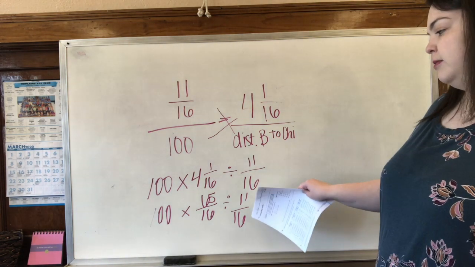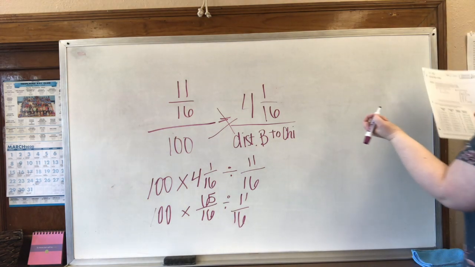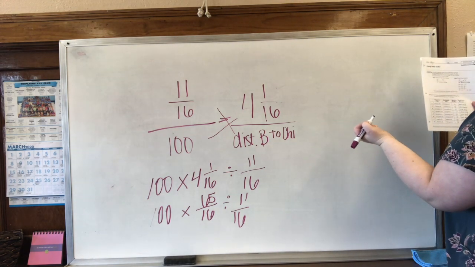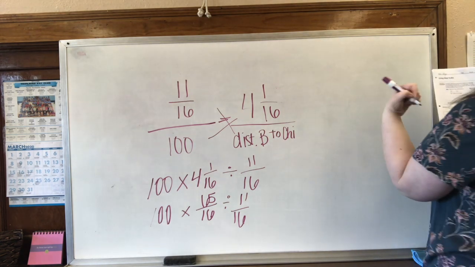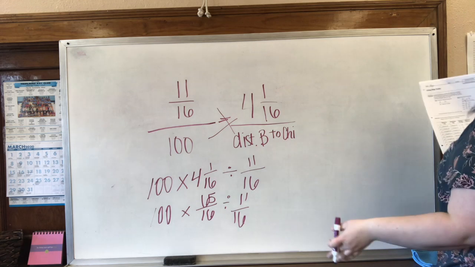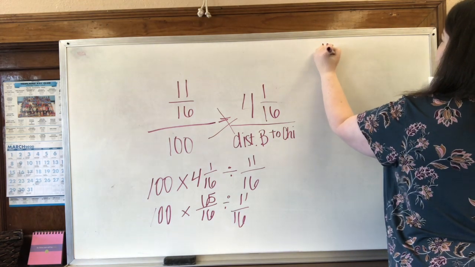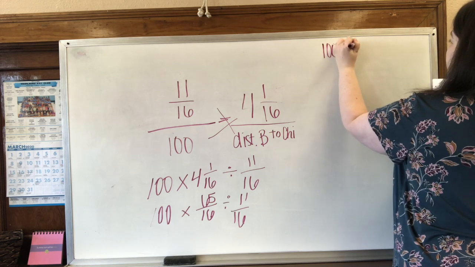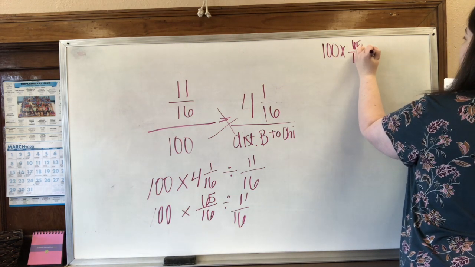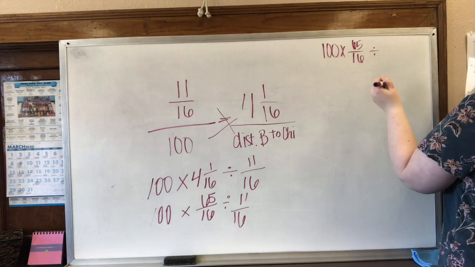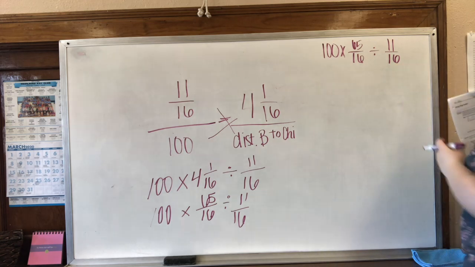I'm going to move this fraction up to the top, and rewrite it at the top of your paper unless you have enough room. So we have 100 times 65 over 16 divided by 11/16.